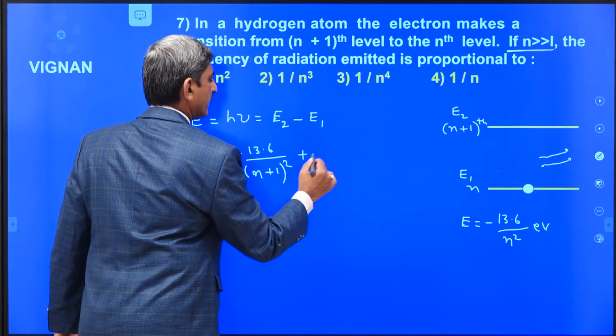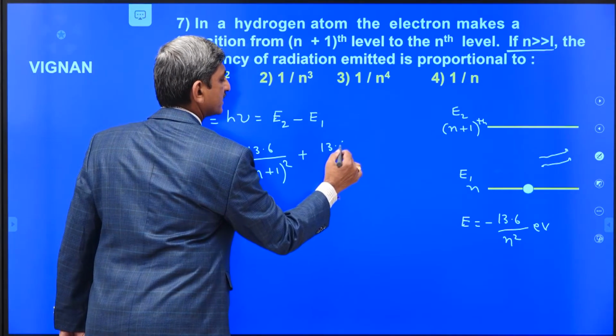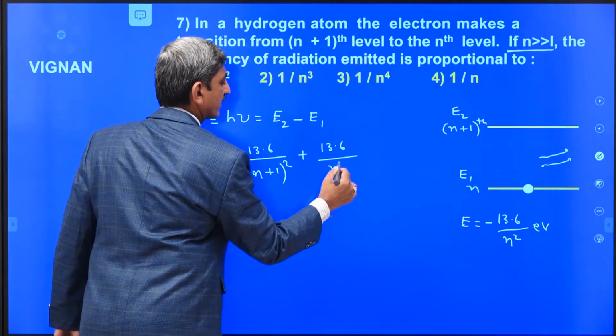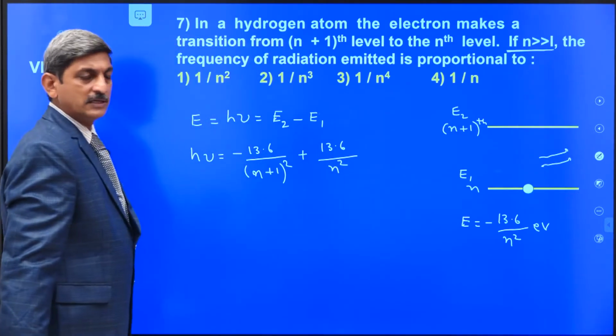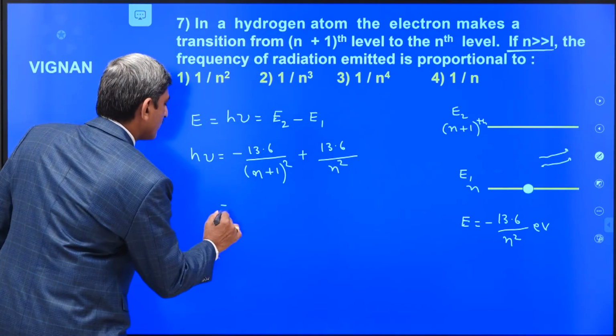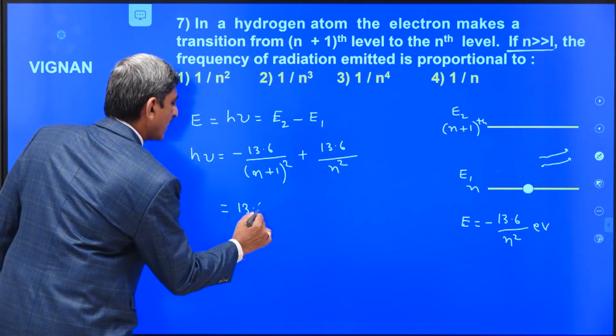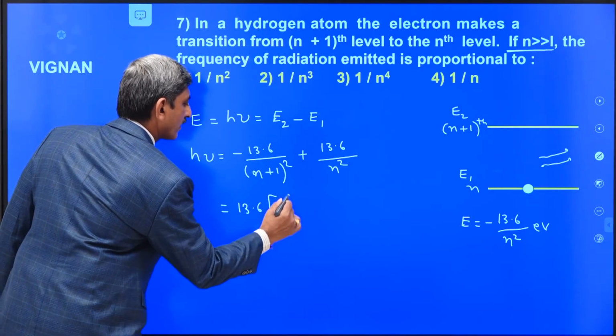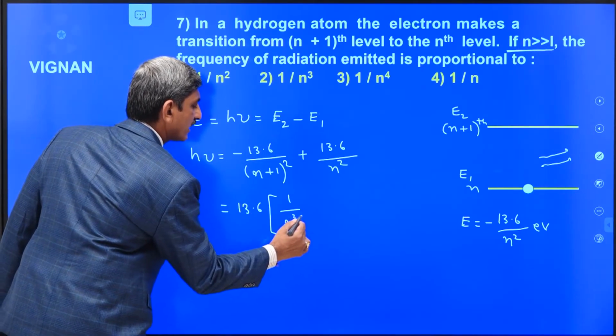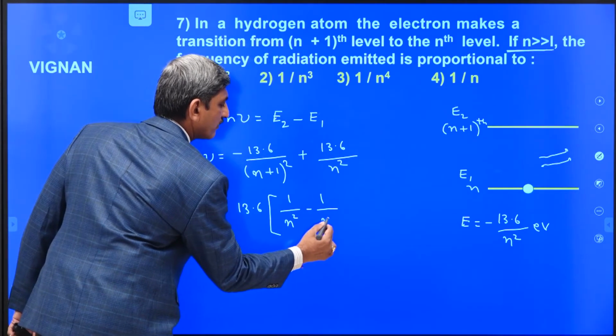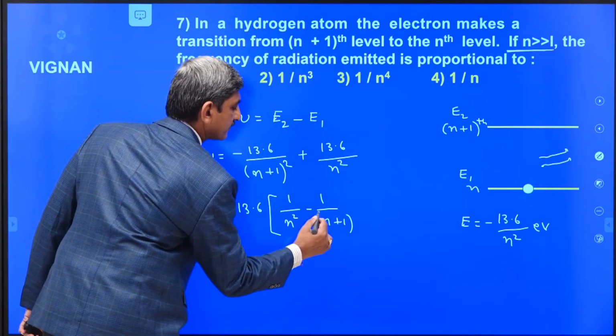Minus of minus is plus 13.6 divided by n square. Now by taking 13.6 as common, it becomes 13.6 times (1 by n square minus 1 by (n plus 1) square).